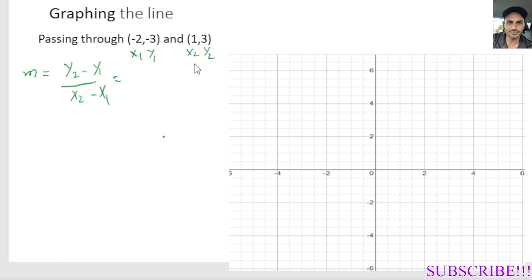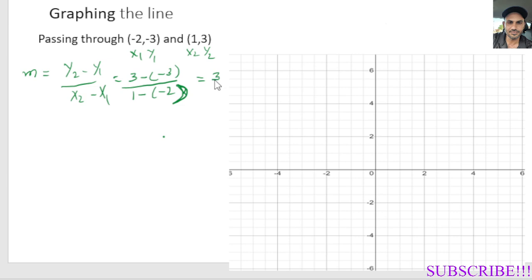So we plug in the information that we have. y2 is 3 minus y1 which is negative 3, and then we divide by the run, which is x2 minus x1. So x2 is 1 minus 2. This is in parentheses, I'm sorry, right here. All right, now we simplify this.